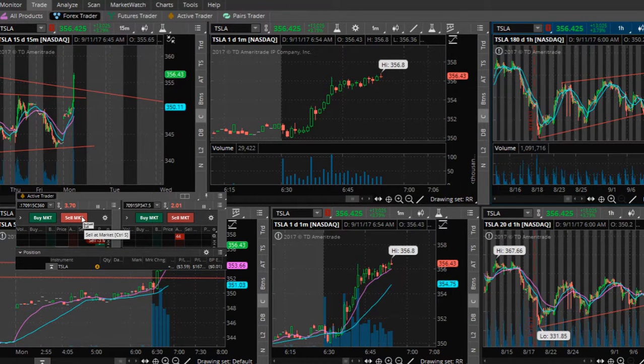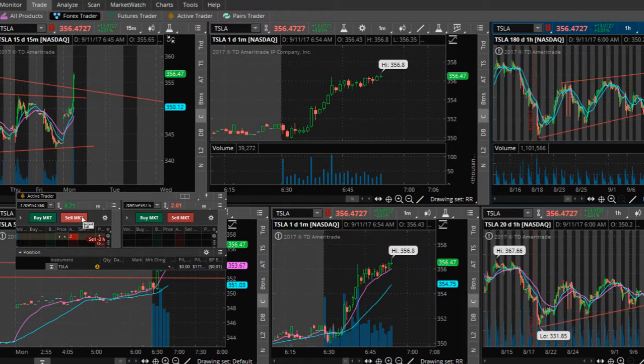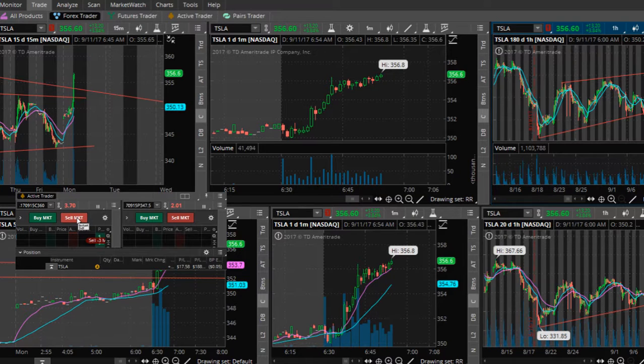That doji candle's kind of giving me the heebie-jeebies over there. Especially because it's moving so slow, but it just made a new high. But it closed at 356.8, and even numbers are pretty much high of the day numbers. They like to close on even numbers.